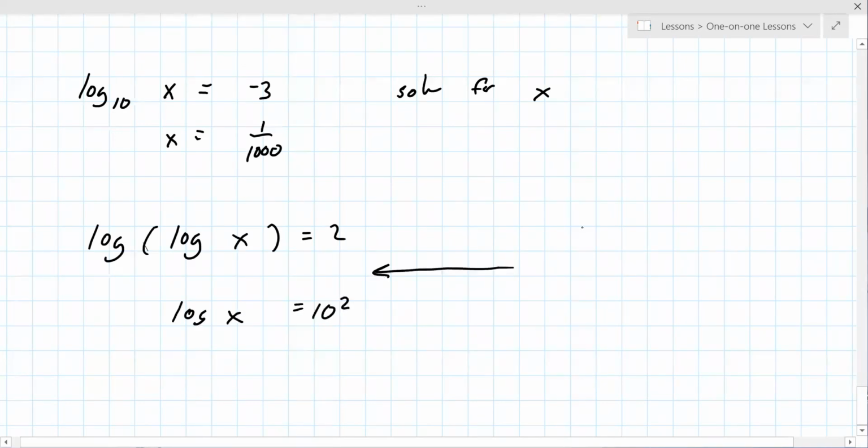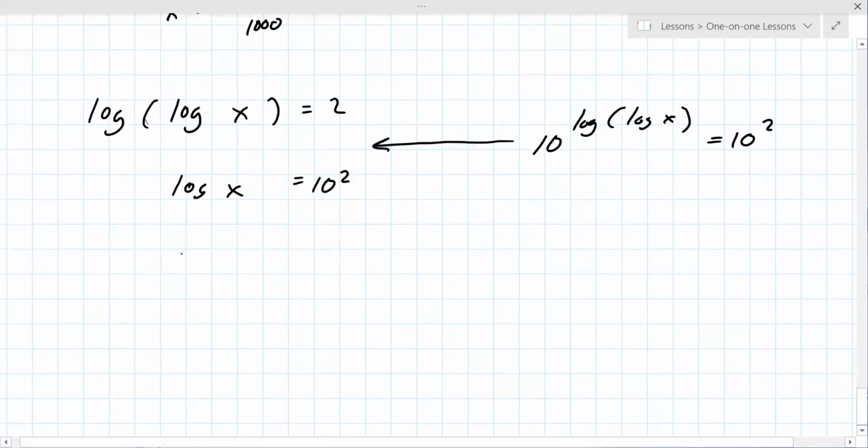What they're omitting is the step where you write 10 to the log x equals 10 squared. They're saying, I don't want to write this stuff on the left, I just want to write what it reduces to. Then below it they do the same thing and say x equals 10 to the 10 squared. So that would be 10 to the 100 power.